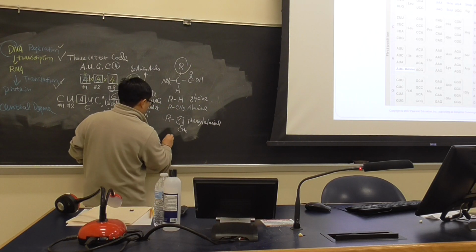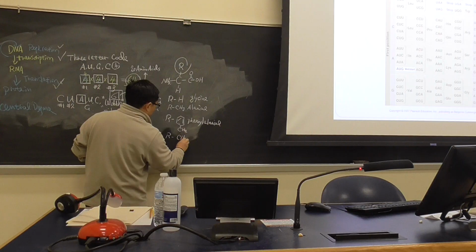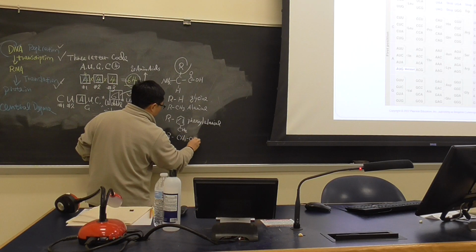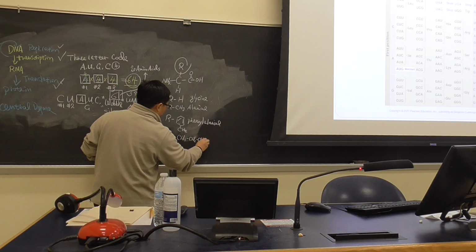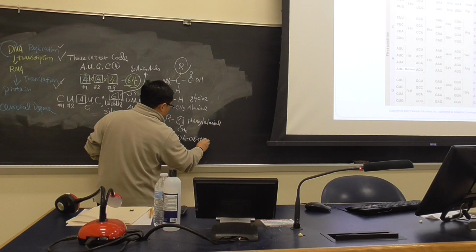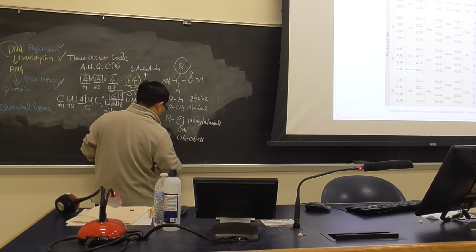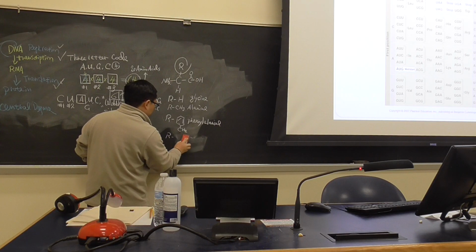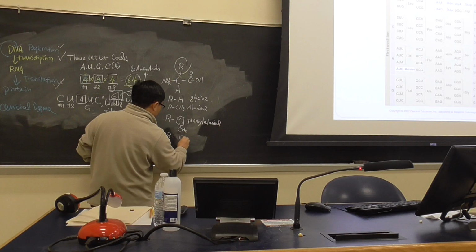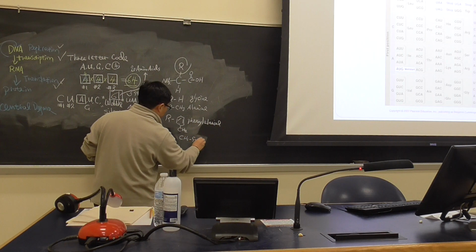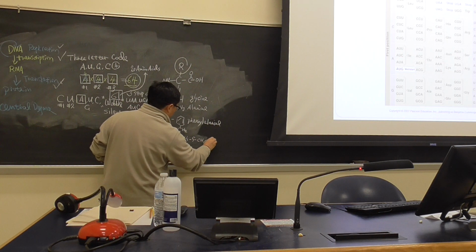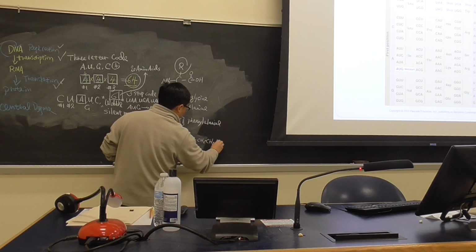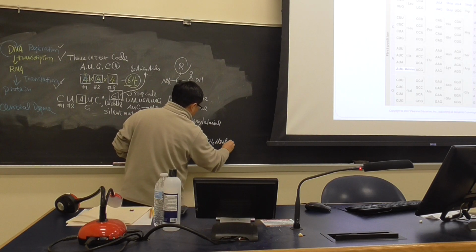And if the R side chain is CH3, CH2, CH3, CH2. If the R side chain is CH3, S, CH2, CH2, this is methionine.